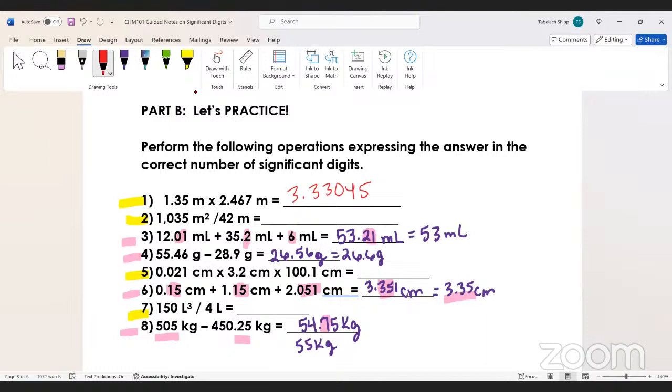We only need 3 of them, because the rule says that when you are multiplying and dividing, you go by the least amount. I have 3 significant digits for 1.35, but I have 4 significant digits for 2.467. Therefore, I only need 3 of those numbers. So my final answer will become 3.33 meters squared.